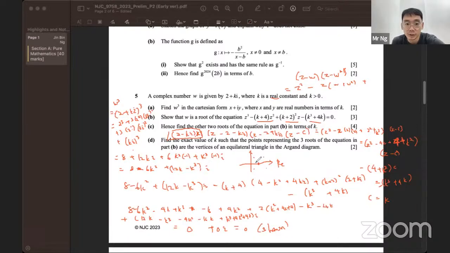So if this one is 60, then this one will be what? Forget it. Okay, 60 and 30. Then this one is 2.